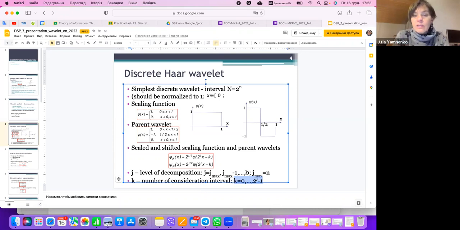And at the last level of decomposition, where J is equal to 0, we put 0 here. Then 2 in the power 0 is equal to 1, and 1 minus 1 is equal to 0. So K will be only equal to 0. That's all. So the main thing is that we have these two counters: J like an external counter of levels, and K like an internal counter inside each level.